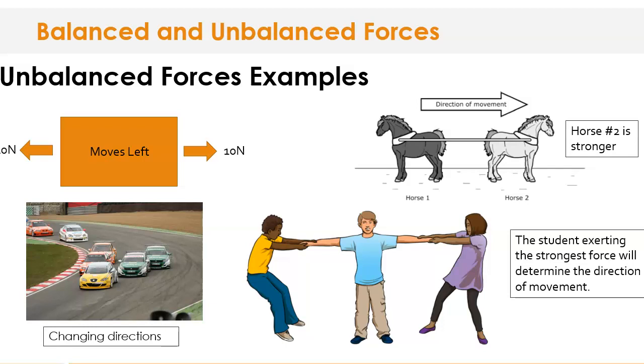So here we have two people pulling in opposite directions. So we've got two forces that are working against each other because they're going in opposite directions. But if one student uses a force that is stronger, then that will determine the movement of the student in the middle.